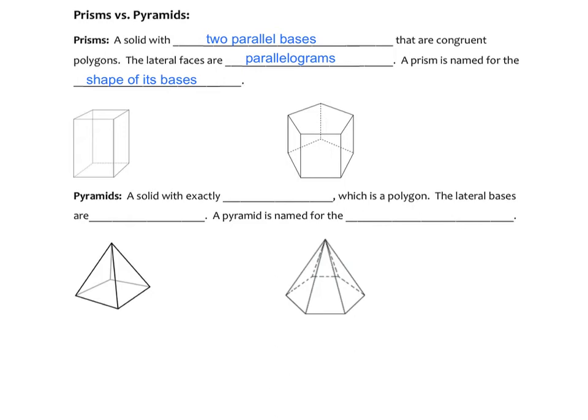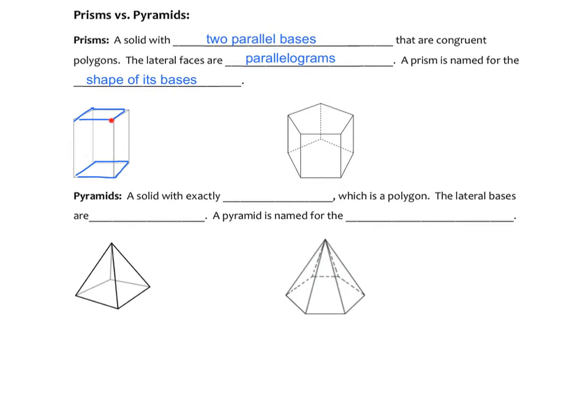Let's look at this rectangular prism to the left. If you notice, there are two parallel bases. Our bases are the top and the bottom surfaces, and they are parallel. Next it says the lateral faces are parallelograms.